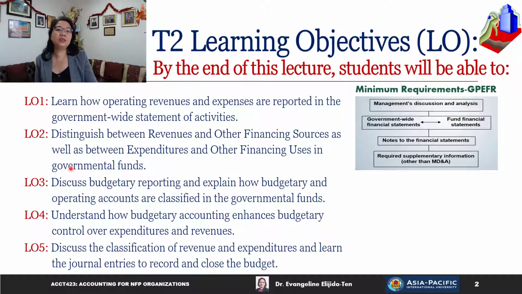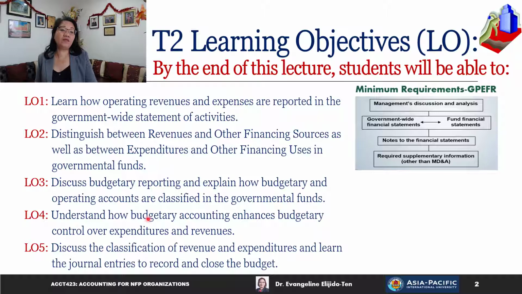In learning objective 2, we'll distinguish between revenue and other financing sources, as well as between expenditures and other financing uses in governmental funds. We'll also discuss in Learning Objective 3 budgetary reporting.